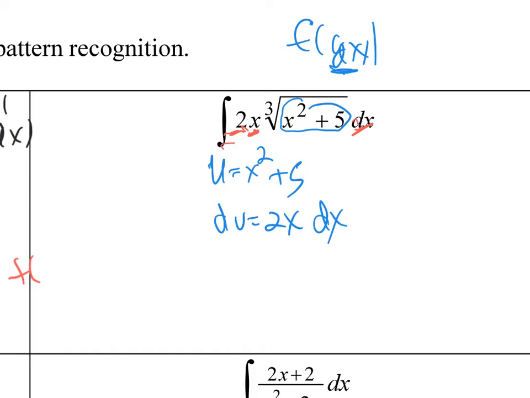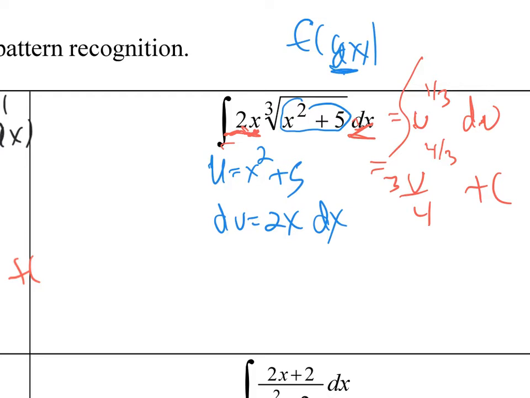So if it's all there, then it's sort of like rewriting the problem like this. I have a u to the 1/3, and all of this is du. And if I was integrating all of this, my answer has to be u to the 4/3 divided by 4/3 plus c.